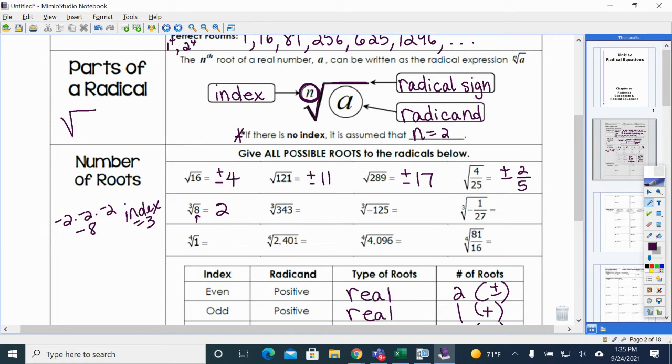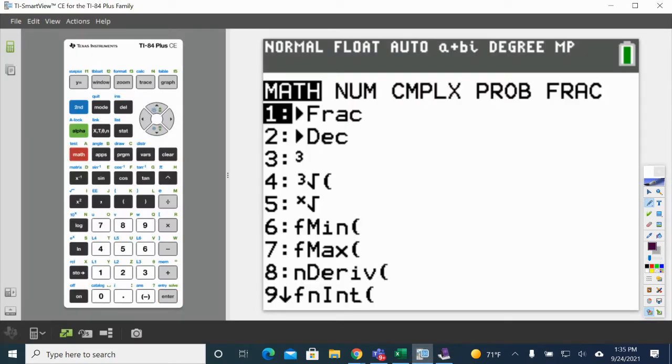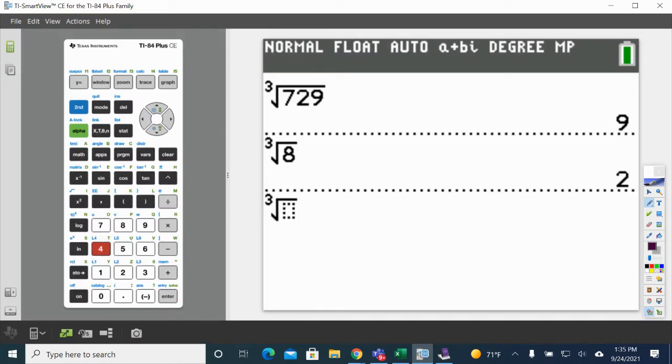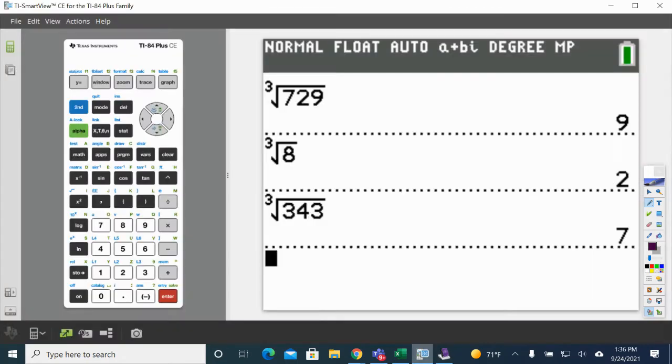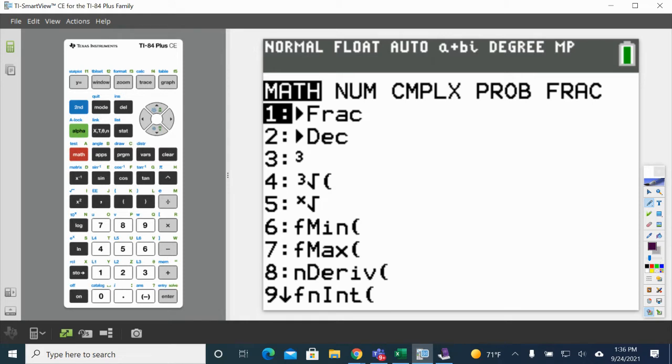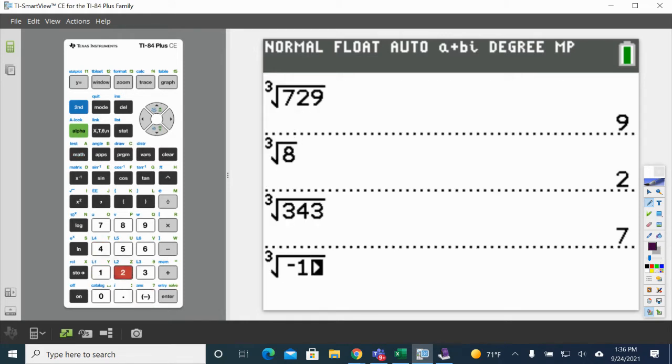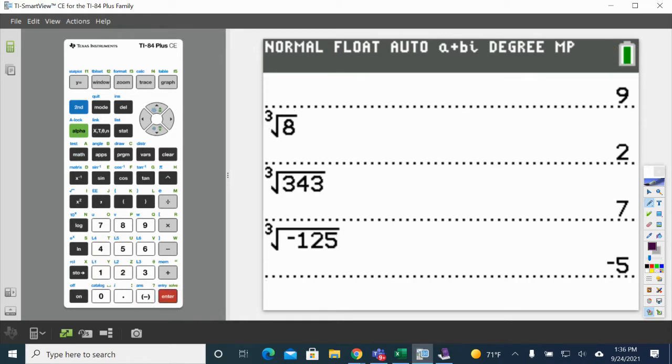Cube root of 343. Math for 343 says 7. Now look at the next one. It says the cube root of -125. Math for -125, and you're going to find this interesting. It actually pops out an answer.